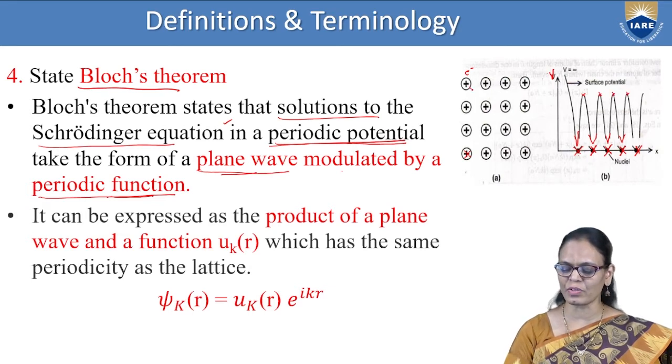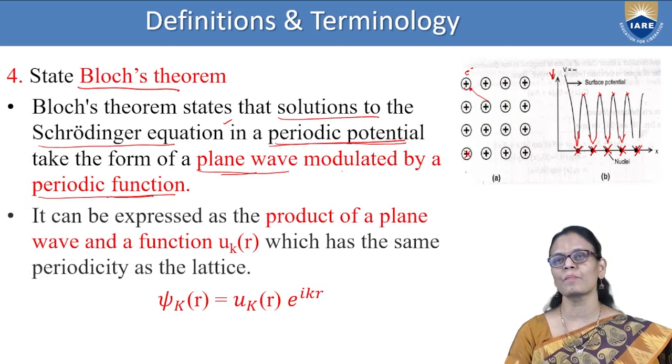So as an electron moves like this, when it is near the positive ion site, its potential is 0 and in between it becomes maximum, and when it reaches the next positive ion again it becomes minimum, and because they are equally spaced, it's a periodic potential.